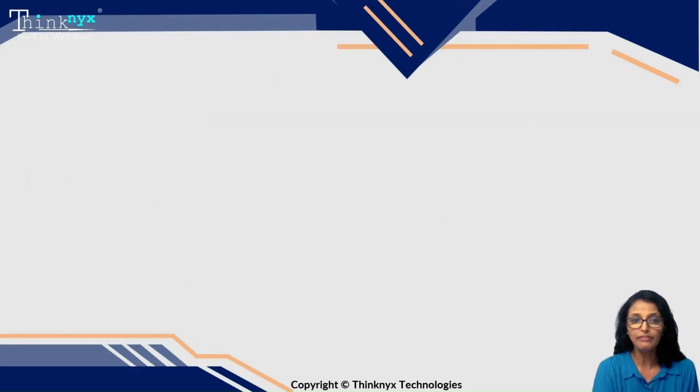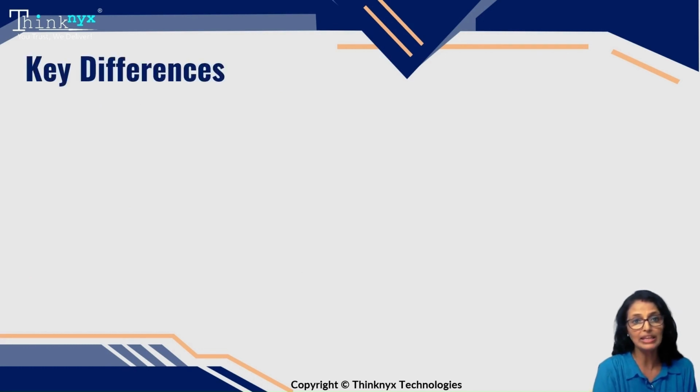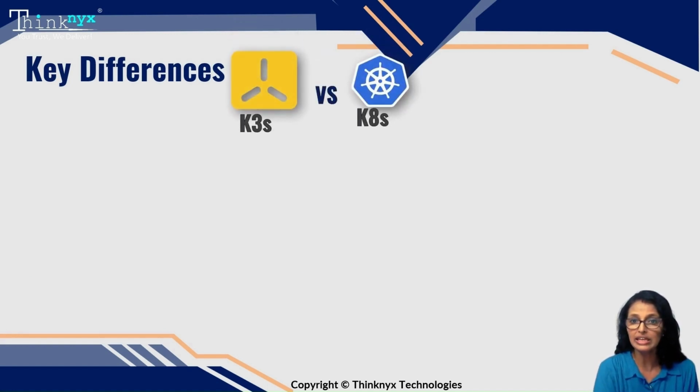Let's see the key differences comparing K3s to K8s. Comparing K3s to K8s is not entirely valid. K3s is a Kubernetes distribution designed with a smaller memory footprint and tailored for edge computing and IoT environments.